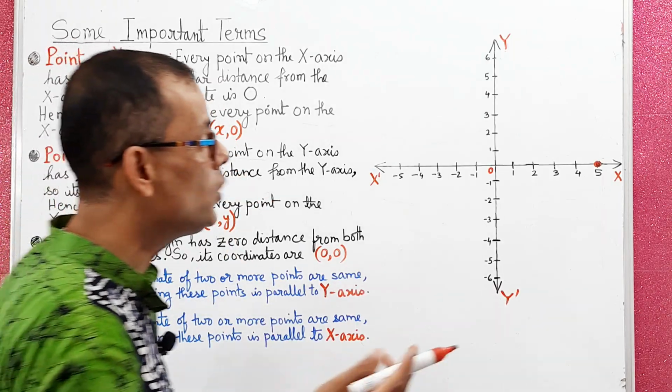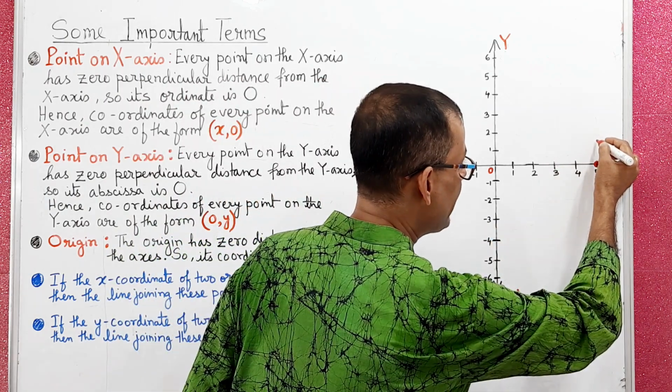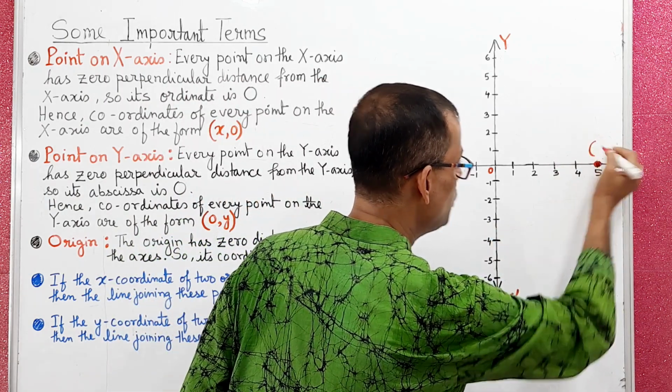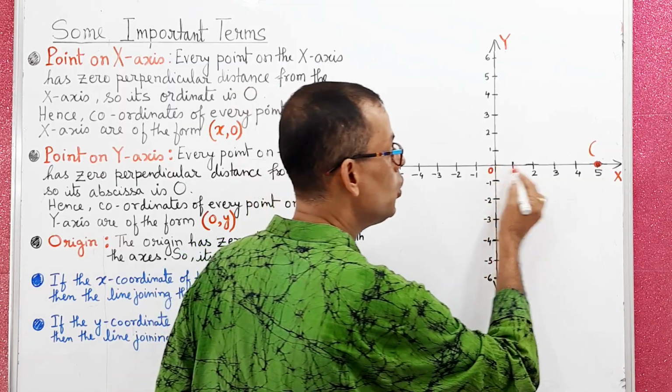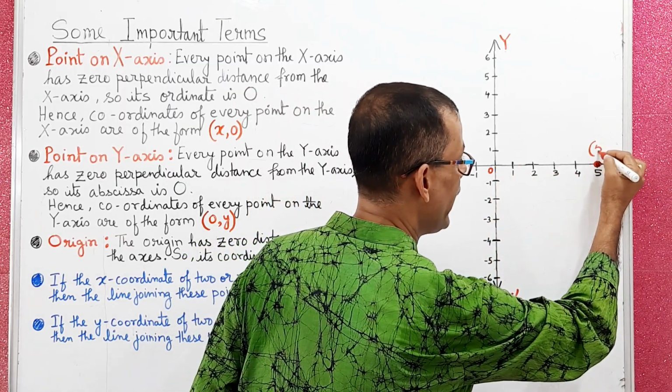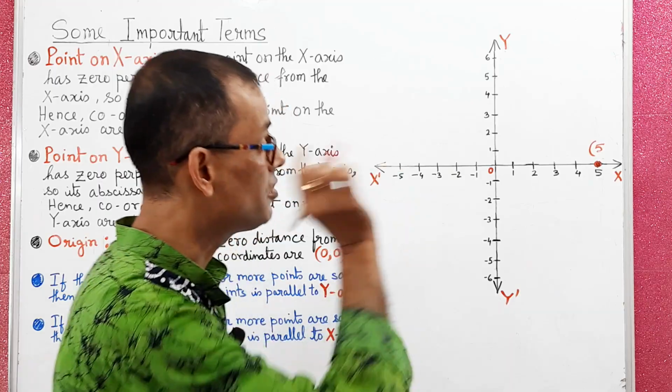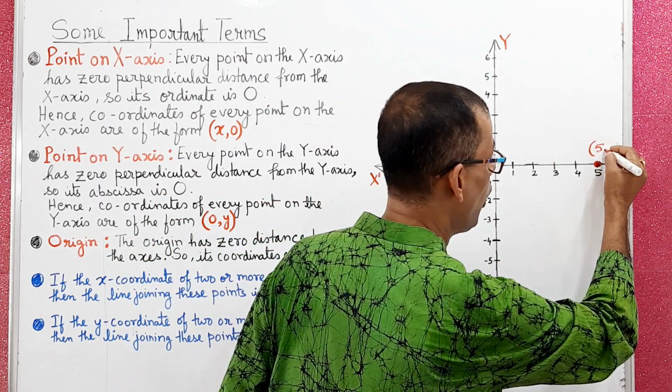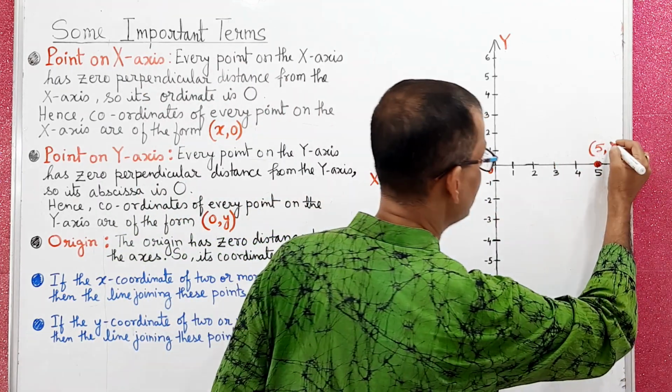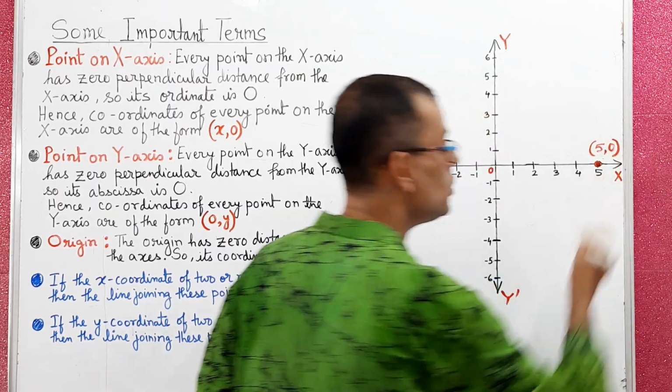Ordinate means the y coordinate. The x coordinate will have a value. X coordinate is how much? 1, 2, 3, 4, 5. So the x coordinate is 5, and the y coordinate, or ordinate, is 0.